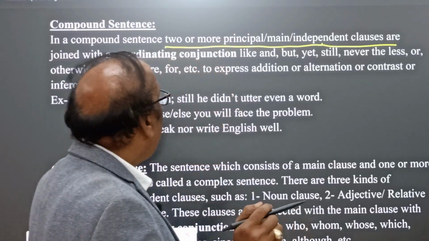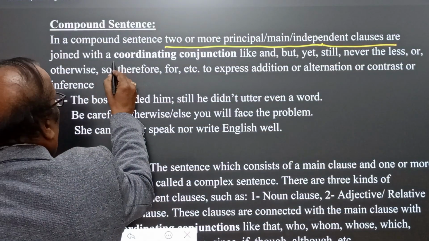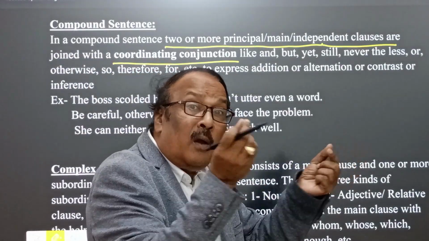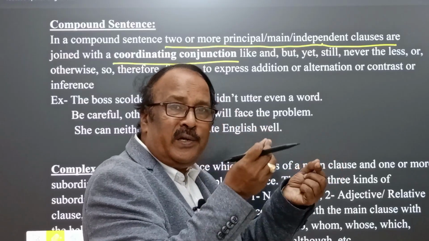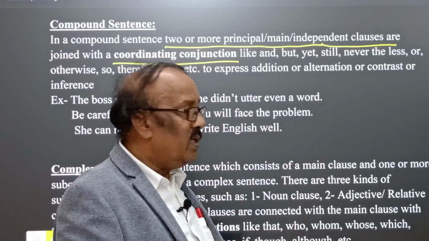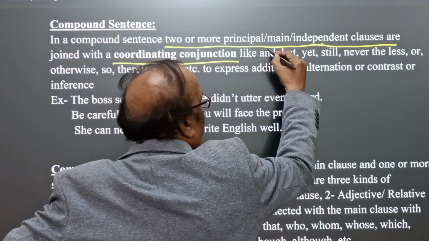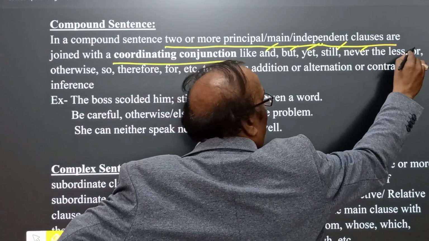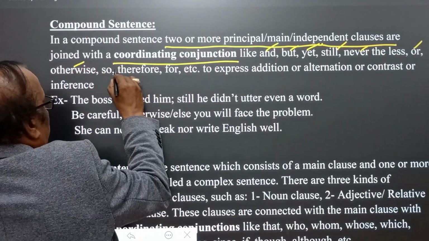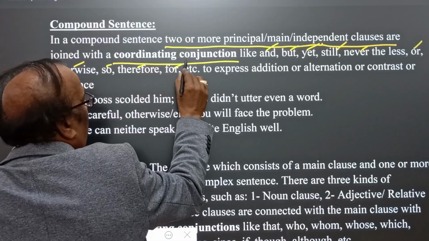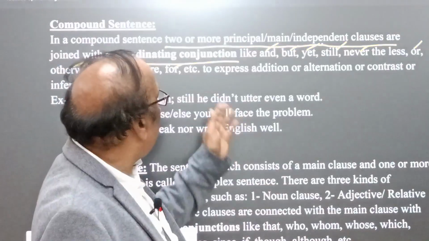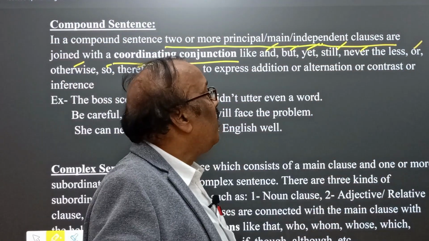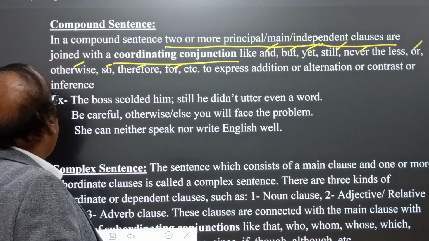And how? Here, with the coordinating conjunction. Coordinating conjunctions are used to coordinate two or more sentences, and they are words like and, but, yet, still, nevertheless, otherwise, so, therefore, for, and so on, to express addition, alternation, contrast, or inference.